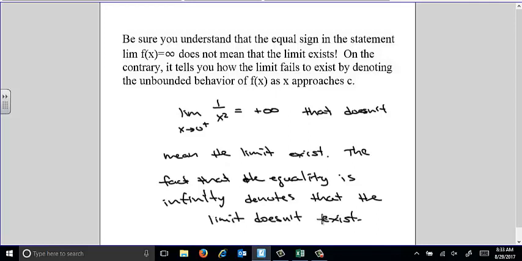Okay, so it's a fine point, but you might say, well, you equal something, so it must exist. But the equality doesn't mean that; the fact it equals an unbounded quantity means that it does not exist. But it allows us to tell whether the asymptote is going up or going down. It's just convenient.